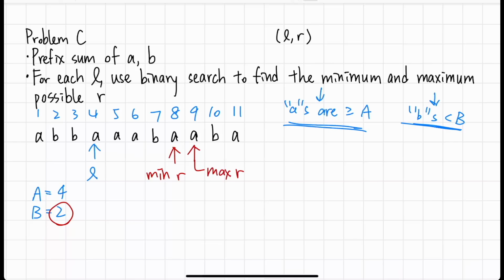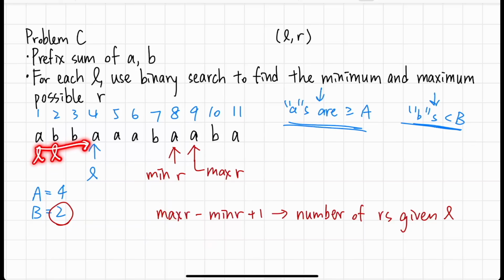And so if we do max R minus min R plus 1, then this would give us the number of R's that would work given a particular L. And if we loop through the entire string for each L and perform the same operation of finding the minimum R and maximum R, we can find the number of R's that would work for every possible L value.